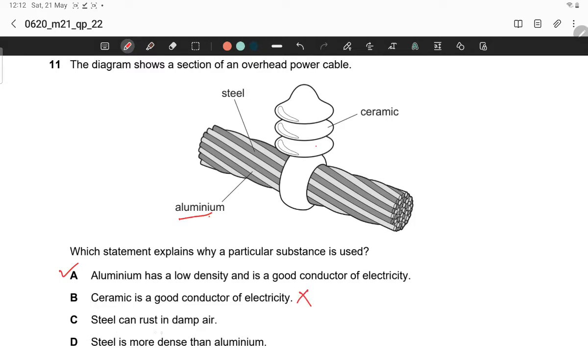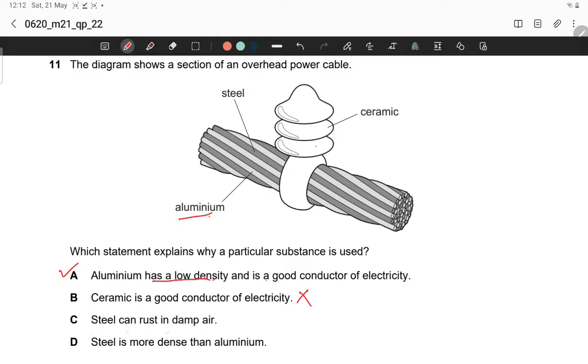Steel can rust in damp air. Steel is more dense than aluminium. Aluminium has low density and is a good conductor of electricity.